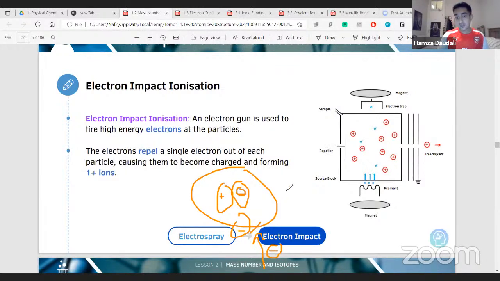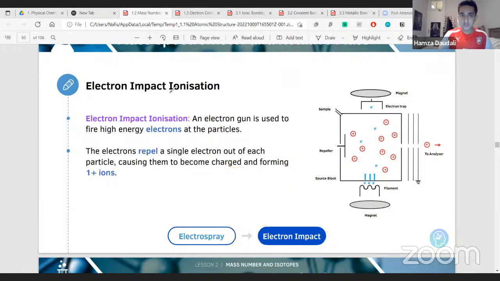It's going to change the charge by repelling an electron away from the atom. And that then creates, again, positive +1 ions, but not +1 ions with a changed mass.